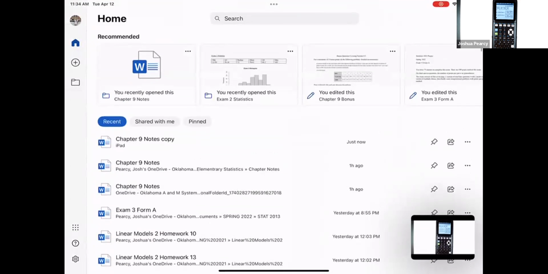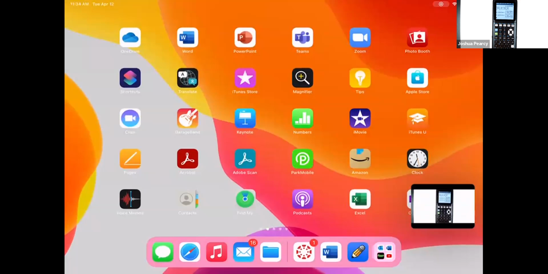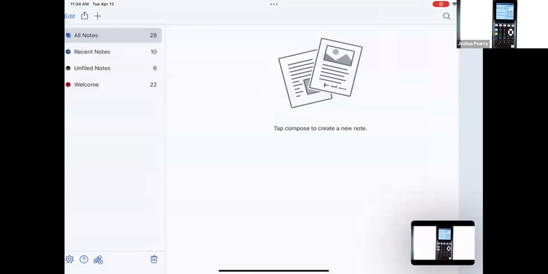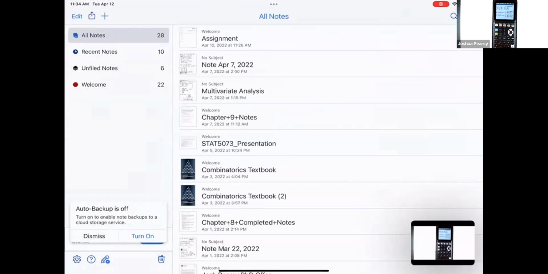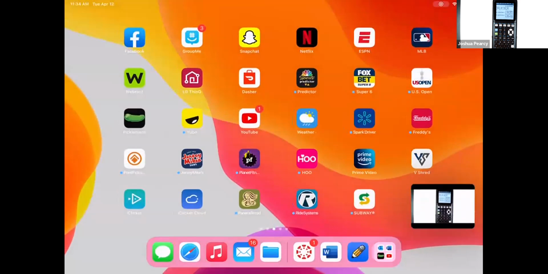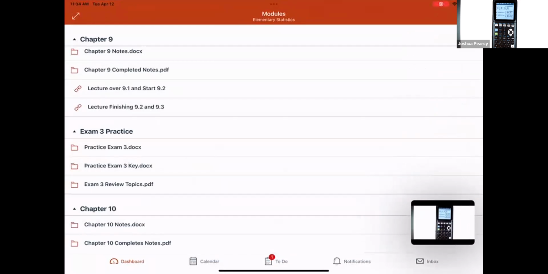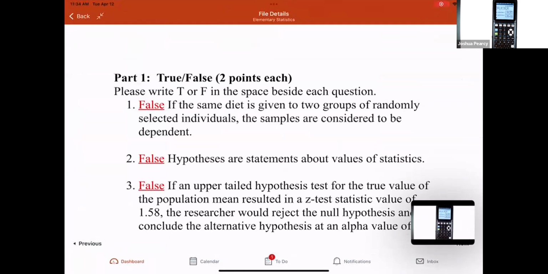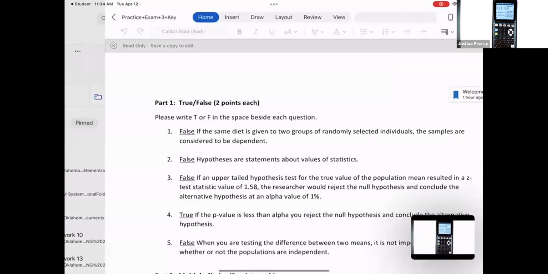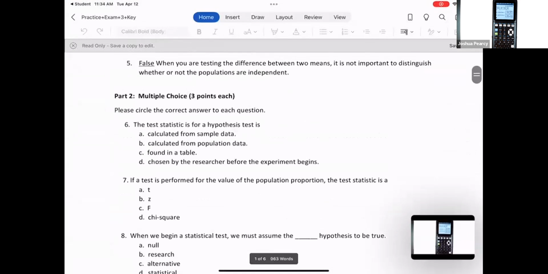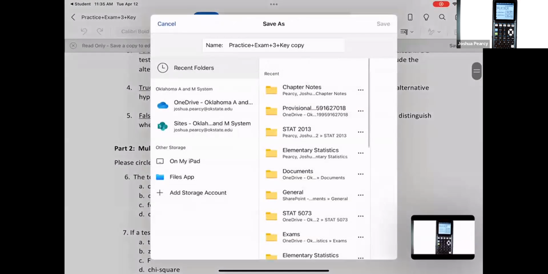Where in the world did I put it? Is it in Notability? All notes, no. Recent, no. Let's do this, Word. Is it a PDF? There it goes. Why is it not showing the answers highlighted in red?